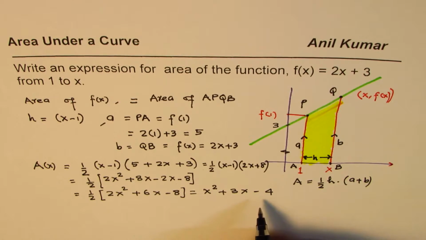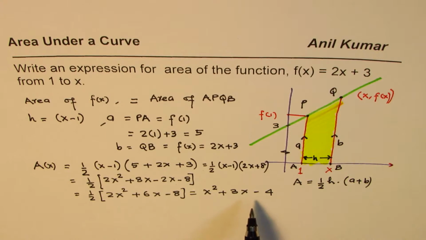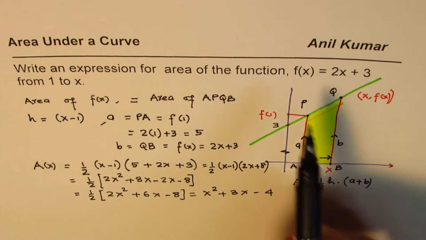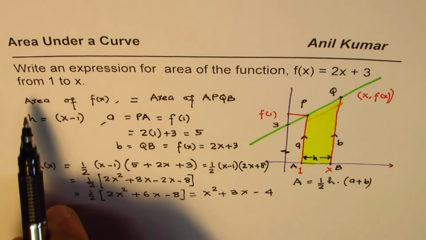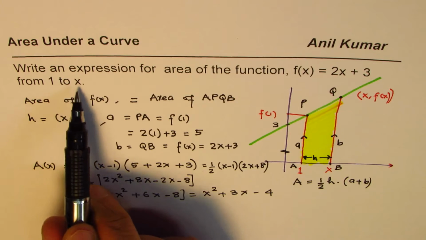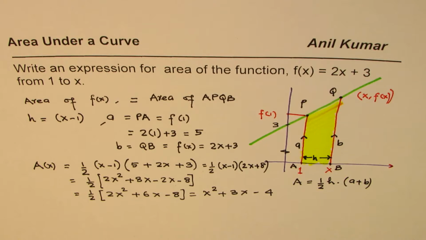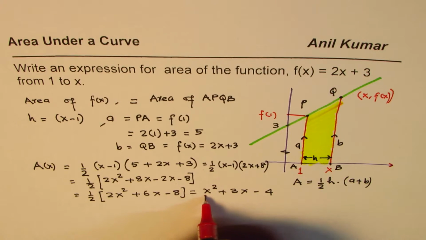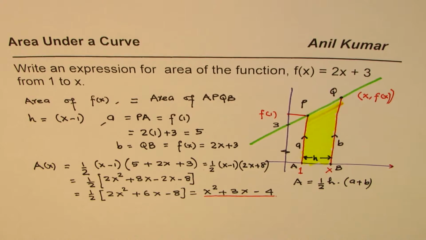So that becomes the expression for the given function in interval 1 to x. Do you see that? So that is our solution, right? So we get the area as x squared plus 3x minus 4. So that's the solution to the question.